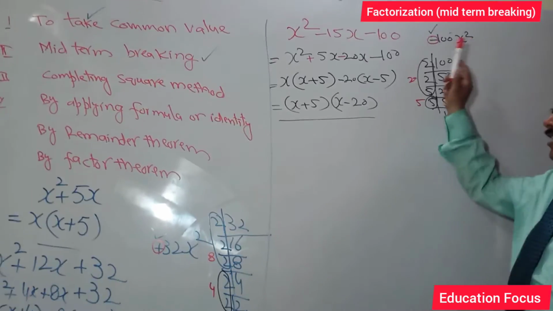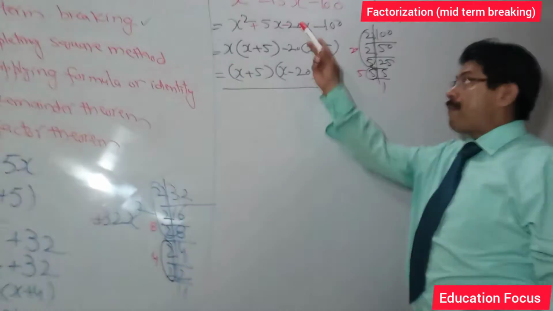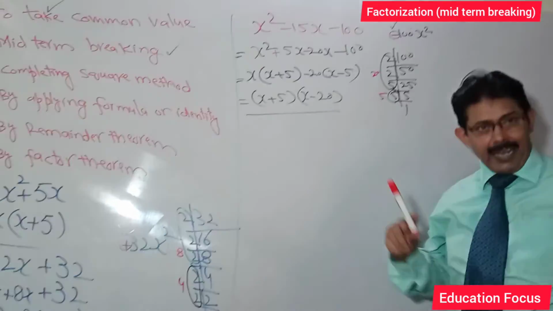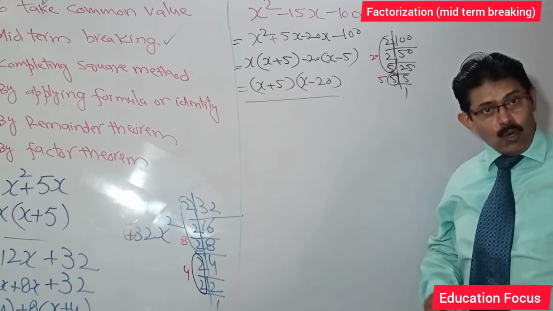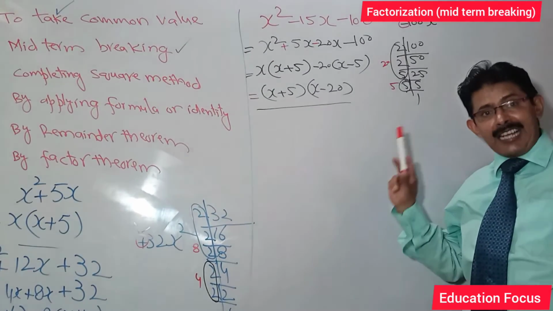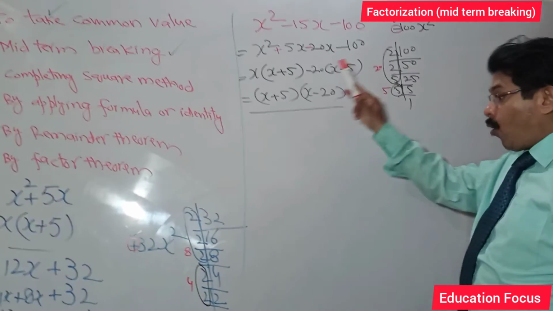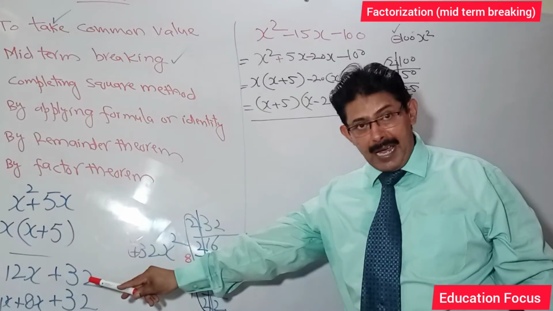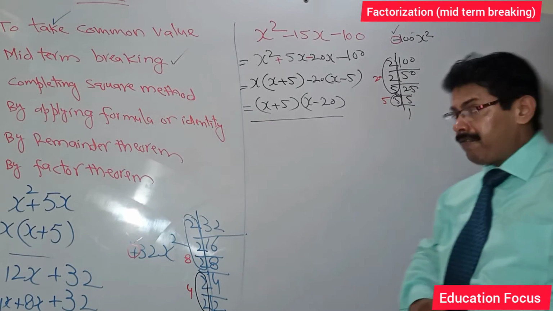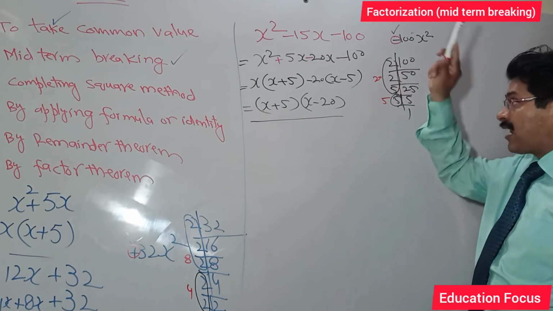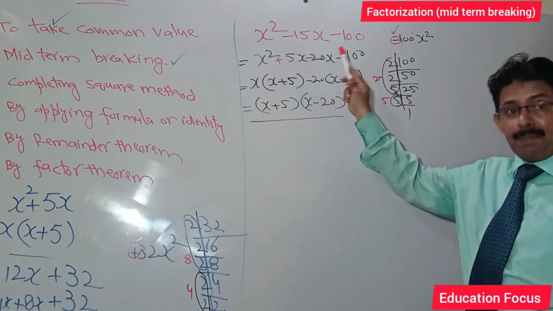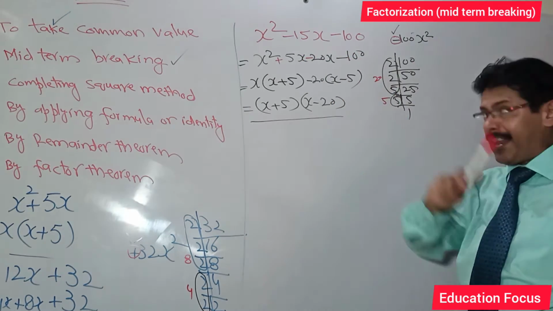This negative sign indicates that you will make the pair of these values by subtracting, not adding. You will add when the sign of the product is positive, then you make the pair by adding. When the sign of the product is negative, you will make the pair by subtracting, not adding.